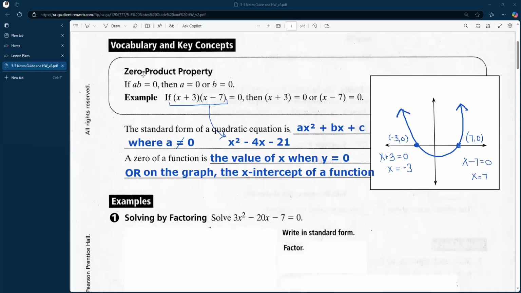So our key vocabulary and concepts: zero product property, standard form of a quadratic equation, and zero of a function. Let's move on to the examples where we are solving by factoring, by square roots, and by graphing.